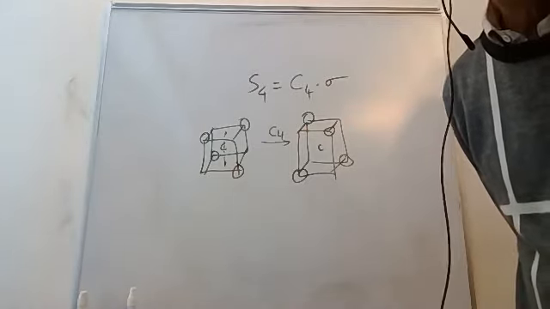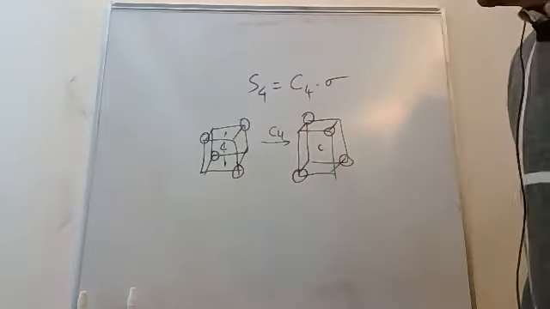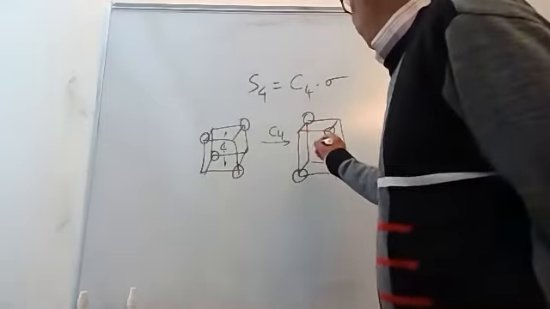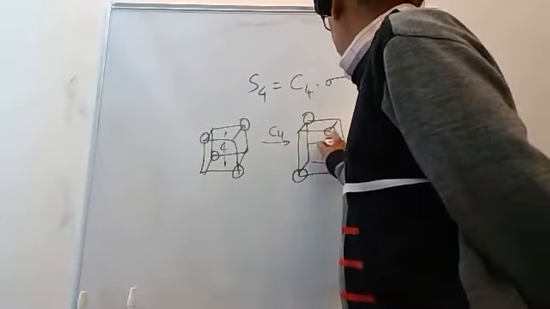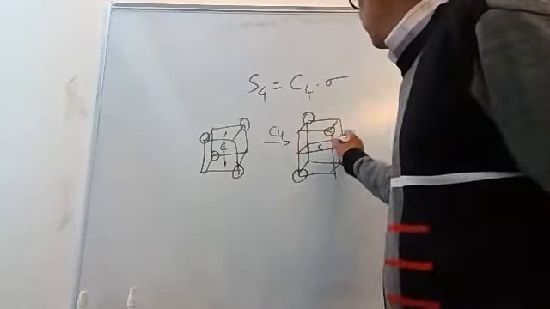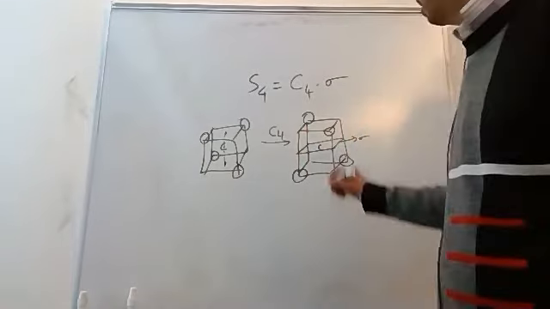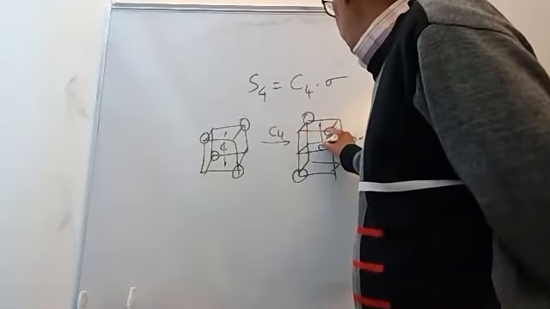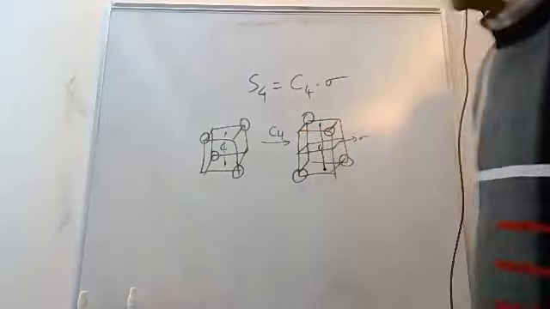All right, so what I'm going to do now is reflect in a plane that is perpendicular to the C4. That's my sigma, because the C4 is along this axis.